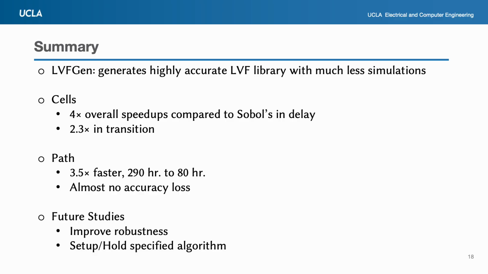And for the real path timing analysis, it can achieve 3.5 times faster, from 290 hours to our 80 hours, and it has almost no accuracy loss.